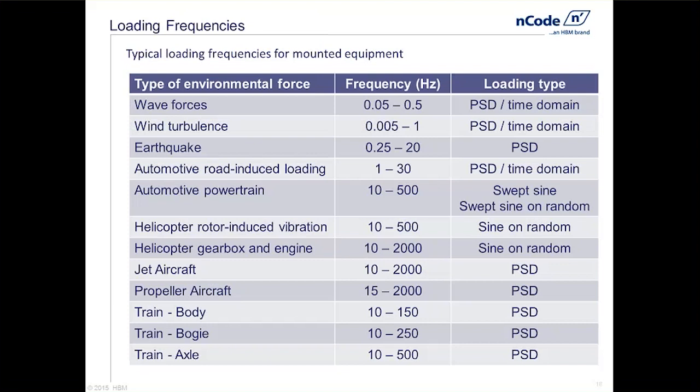So for ground vehicle applications, maybe looking at road-induced loads, this might be something that suspension components or chassis components might be subjected to. We're really talking about frequencies that are in the 1 to 30 hertz range. A lot of that is below what the human ear could hear, but you could certainly feel some of these lower frequencies.